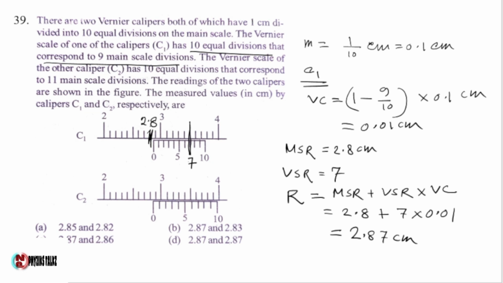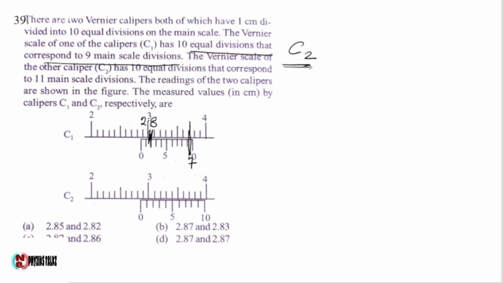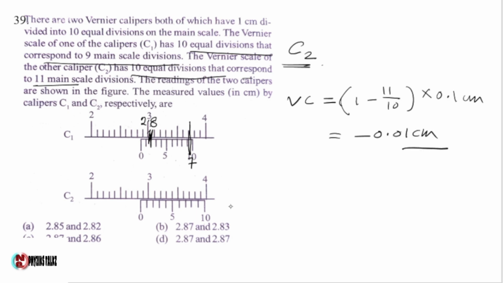For the second scale, C2, the vernier constant is given by: here for C2, 10 equal divisions correspond to 11 main scale divisions, which gives 1 minus 11 by 10 into 0.1 centimeter, so it gives minus 0.01 centimeter.